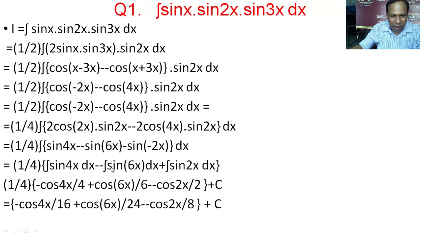Similarly, integral of sin 6x is minus cos 6x, minus of minus becomes plus, so it is cos 6x, and the coefficient of x is 6, so it is divided by 6. And integral of sin 2x is minus cos 2x by 2, so plus minus is minus, followed by the arbitrary constant c. So on further simplification, this becomes minus cos 4x by 16 plus cos 6x by 24 minus cos 2x by 8 plus constant.